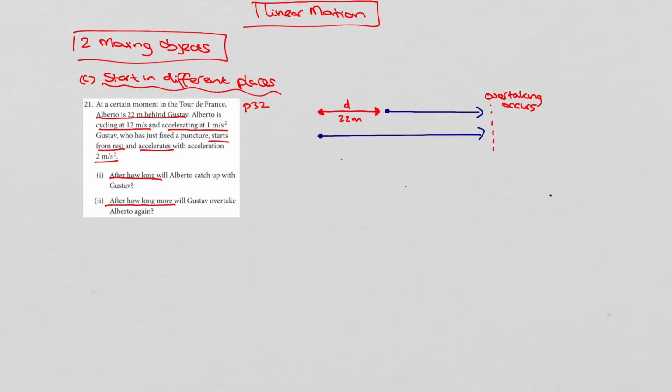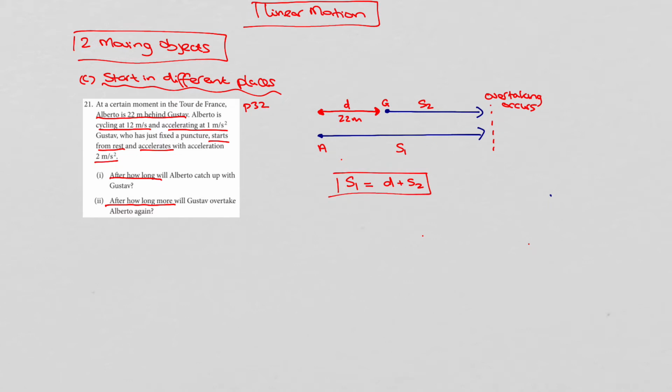So we call this gap D. If Alberto travels a distance S1 before overtaking occurs, in other words, Alberto catches up with Gustav, and Gustav travels a distance of S2, well then the key to solving this problem is that we can see that S1 must equal D plus S2.